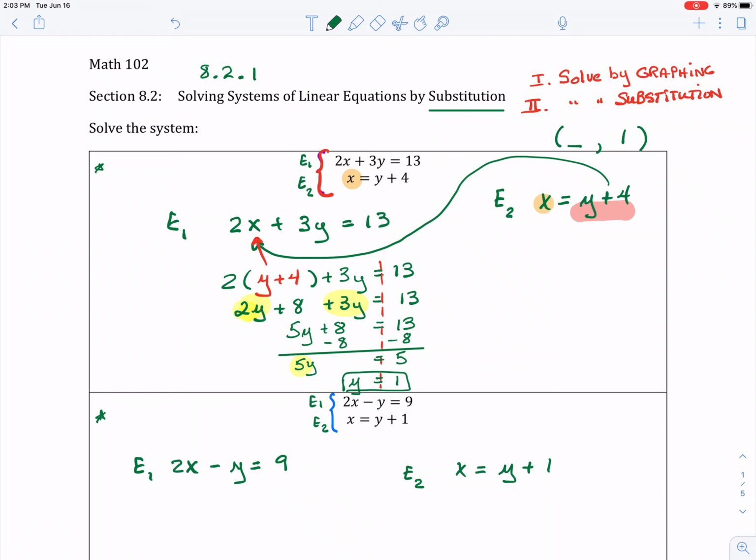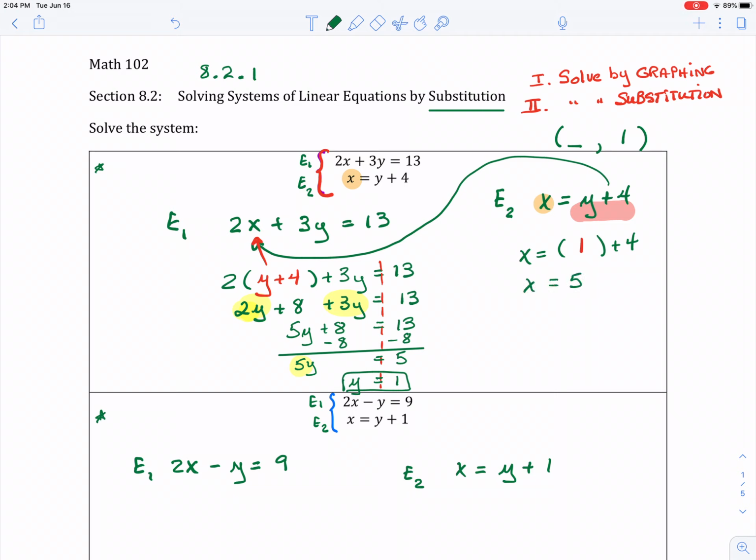I go to whichever one looks easier. And in this case, equation number 2 looks easier for me. So I'm going to take equation number 2, create an opening there with parentheses, and substitute in 1, which is what we found as we solved for y.